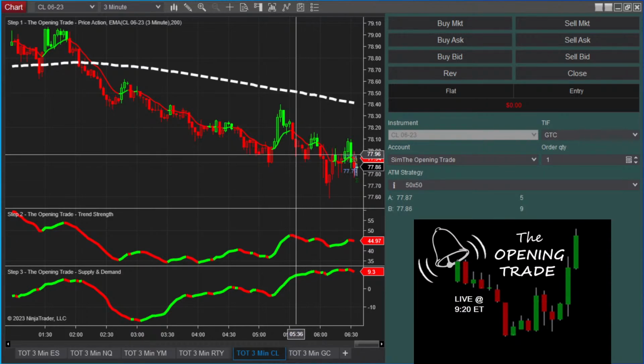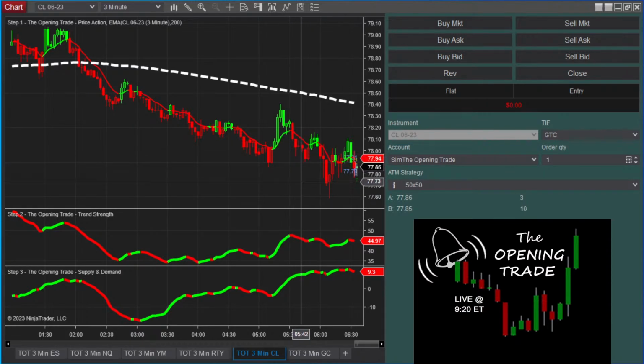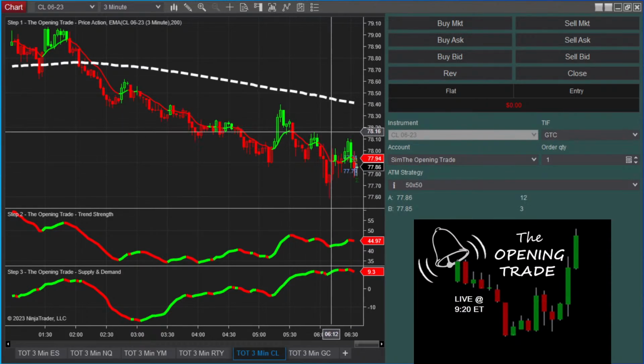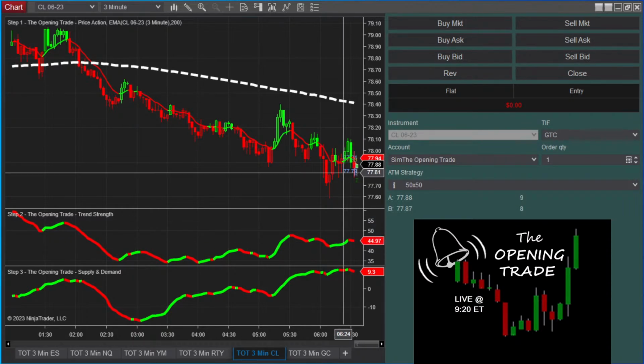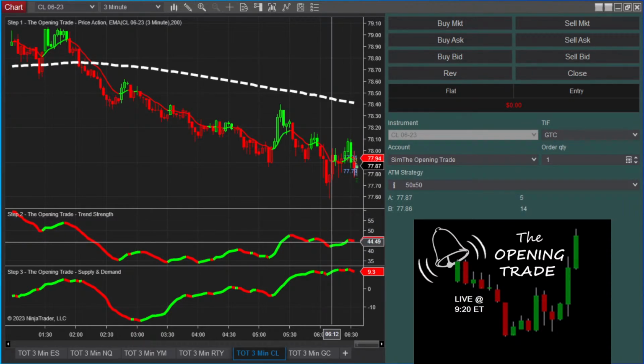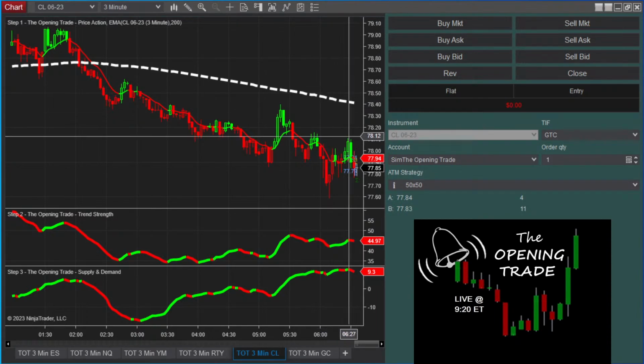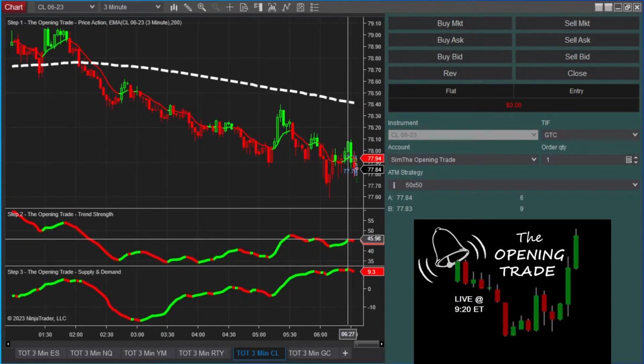I just realized that. I said that backwards. My brain does that sometimes. Sorry. Alright, so I'm below the 200 period EMA. I need all green. If I'm above, I need all red. Which means it's not time to take a manual trade.